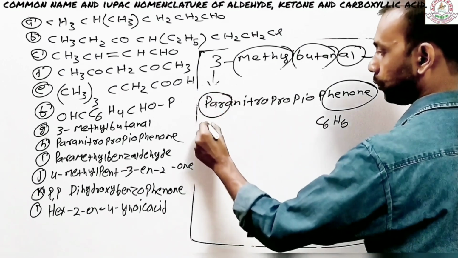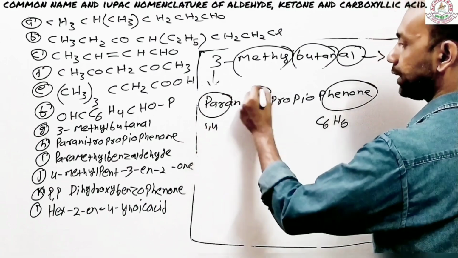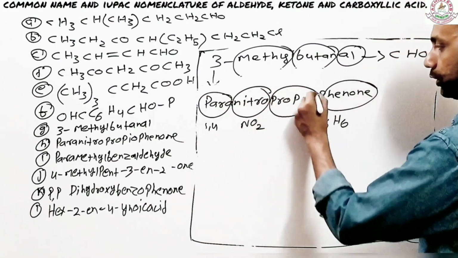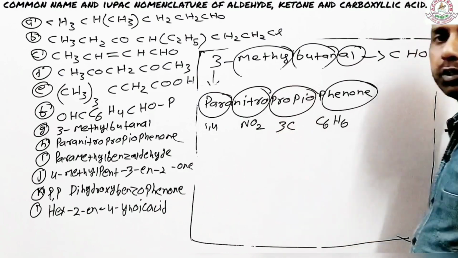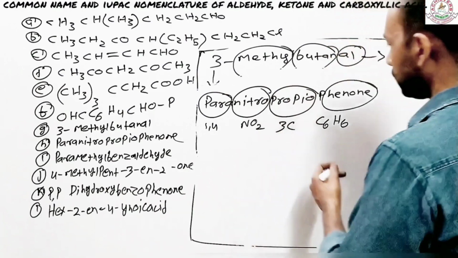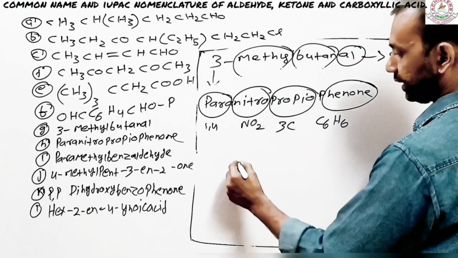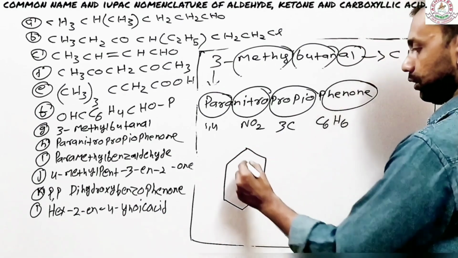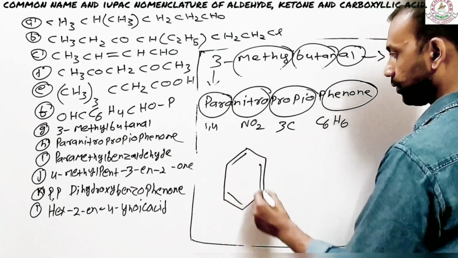Para represents 1 and 4. Nitro represents NO2. And propio represents 3 carbons, because prop you do know. So what we have to do? We have to place first a benzene. So this is your benzene.